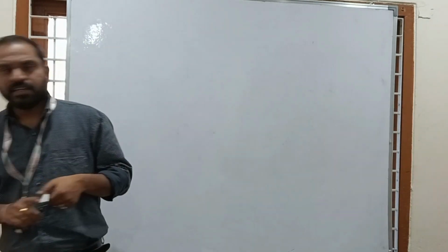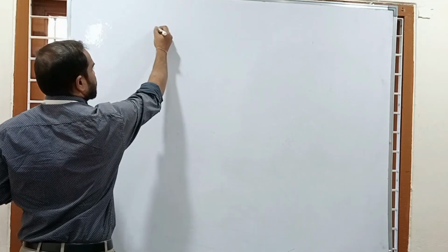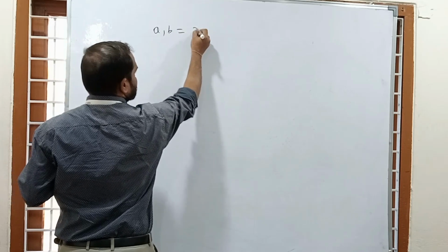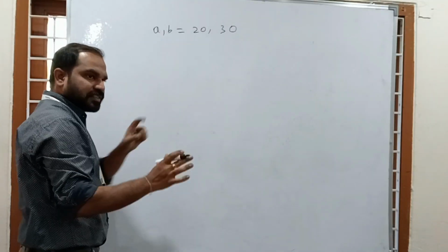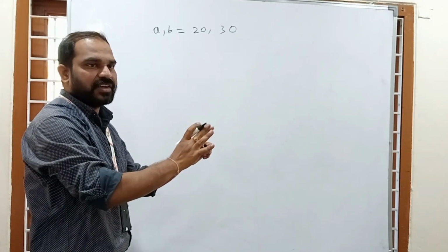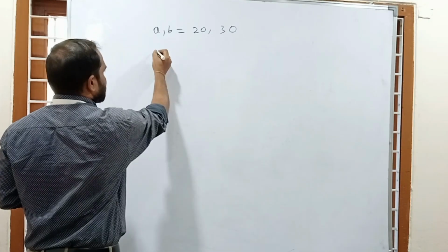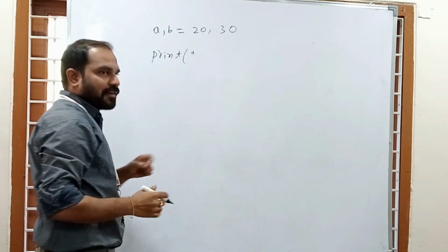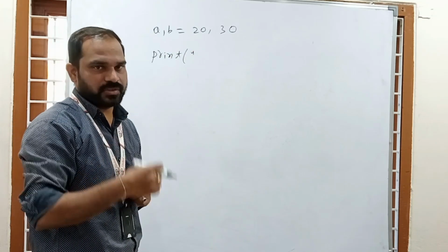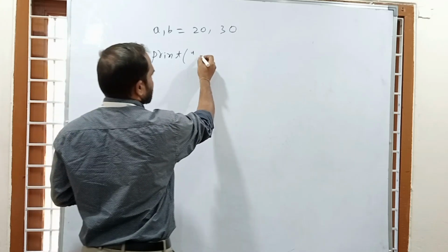Okay, now you see the same thing. We assign two values to two variables. Now, without using a third variable also we can print the result. But in this case I will use print. I want to print some information to the user. So what is that information?